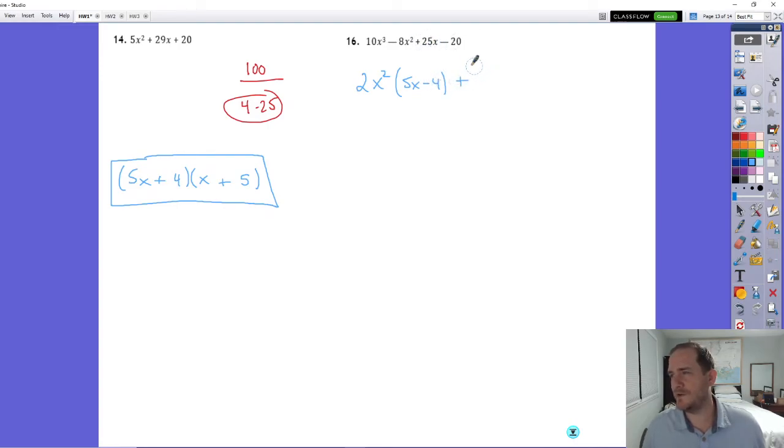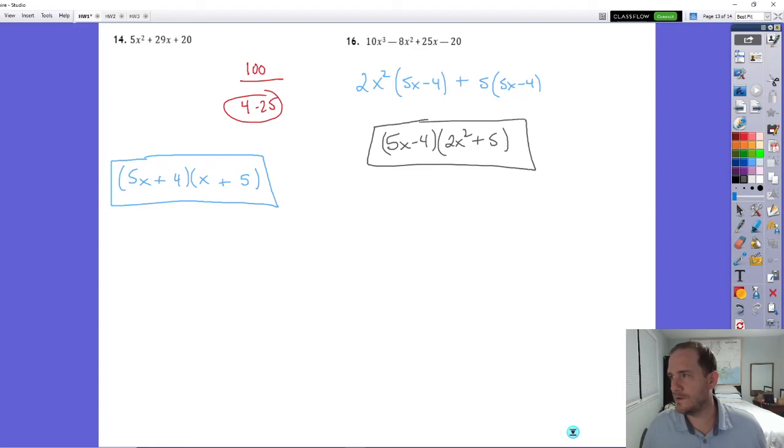Our GCF appears to be 5. So factor that out, you get 5x minus 4. So you can factor out the 5x minus 4s. And you'll be left with a factor that contains the 2x squared plus 5. And that's it for the 16.